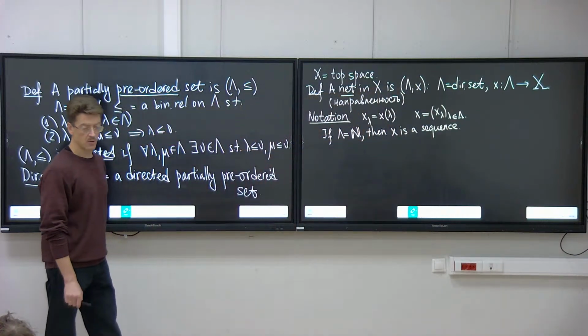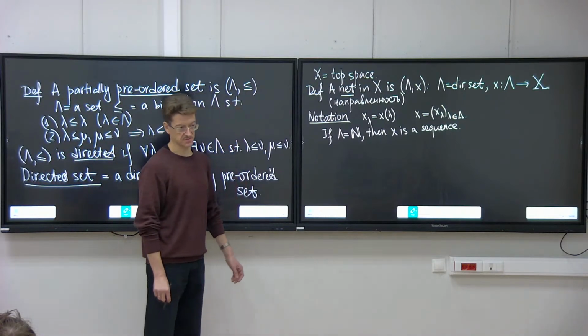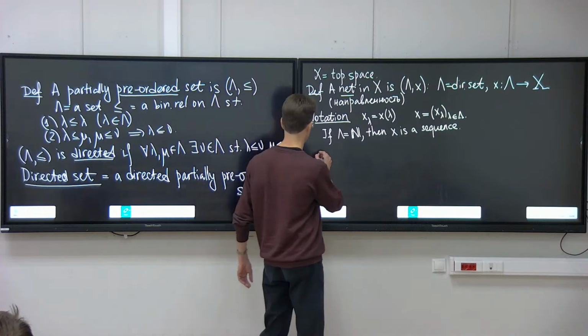Okay, if we now have a net in a topological space, we can define convergence in exactly the same way as for sequences.